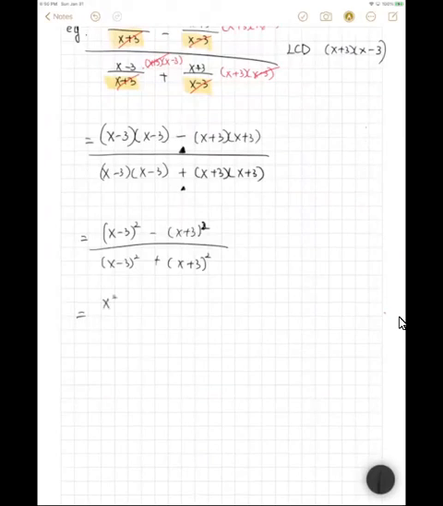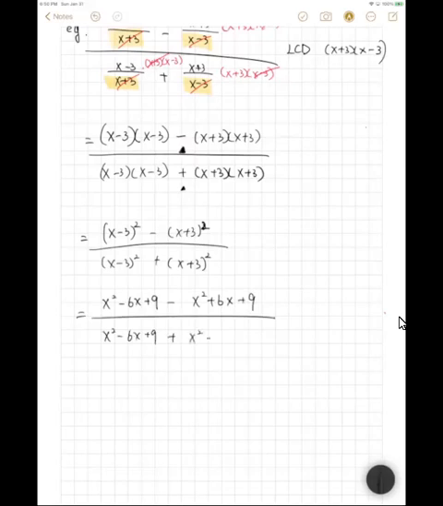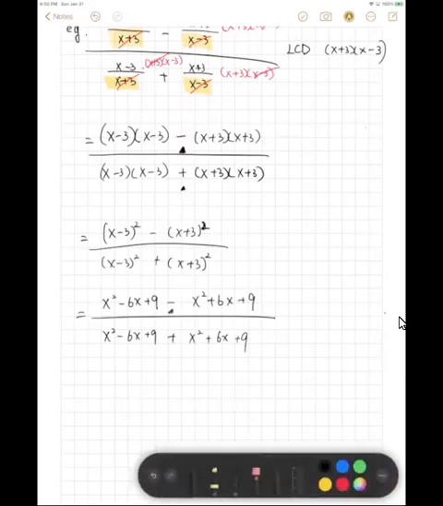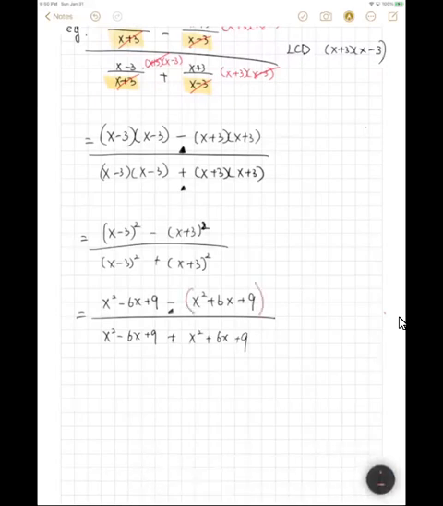We know that should be x squared minus 6x plus 9 minus x squared plus 6x plus 9, all over x squared minus 6x plus 9 plus x squared plus 6x plus 9. Do I miss anything? Well, this subtracts the whole thing. So that means we need to add the parentheses.